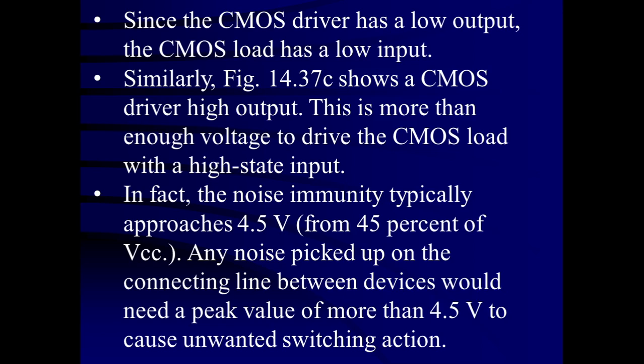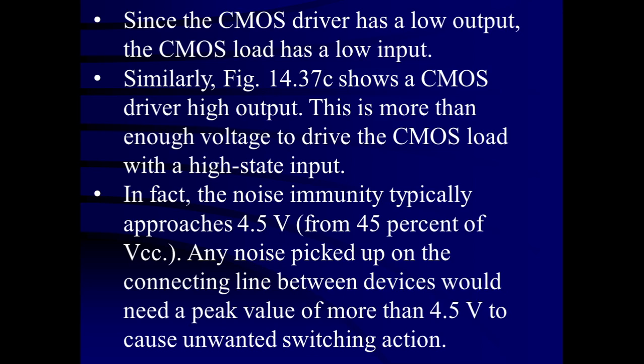In fact, noise immunity typically approaches 4.5 volt, from 45% of the VCC. And here we have utilized VCC equal to 10 volt. So 45% of the 10 volt is nothing but 4.5 volt, and hence the noise immunity is 4.5 volt here. Any noise pickup on the connecting line between the devices, that means the output-to-input connecting wire, needs a peak value of more than 4.5 volt to cause unwanted switching action.